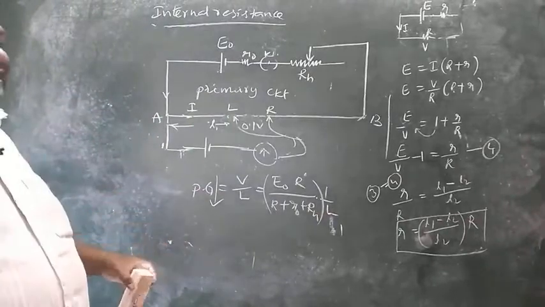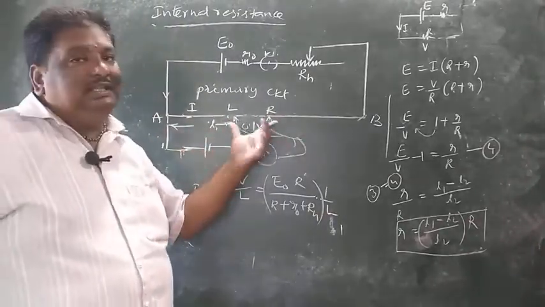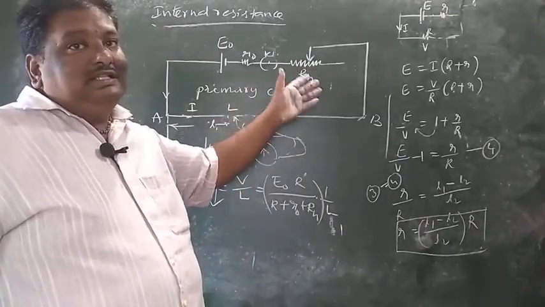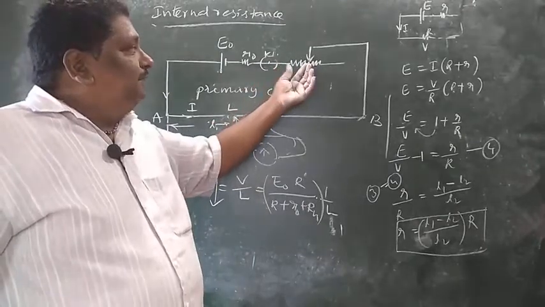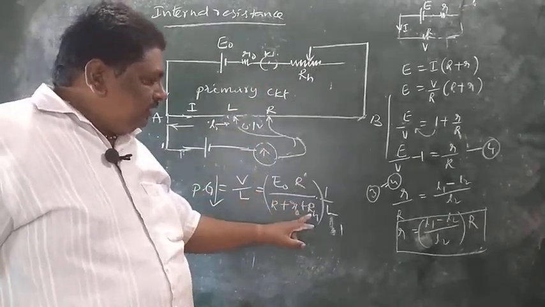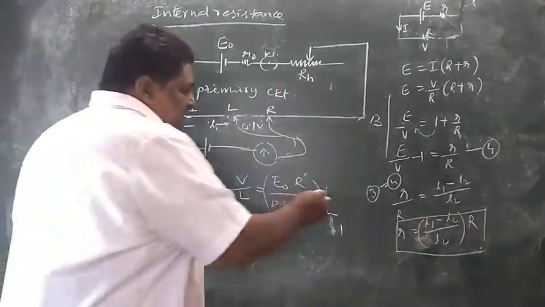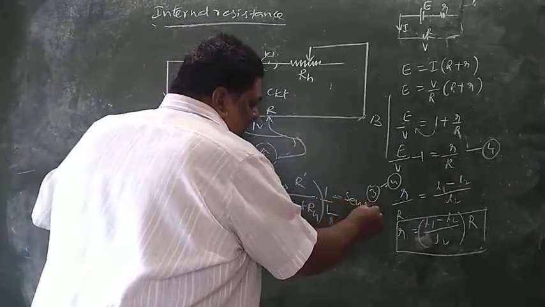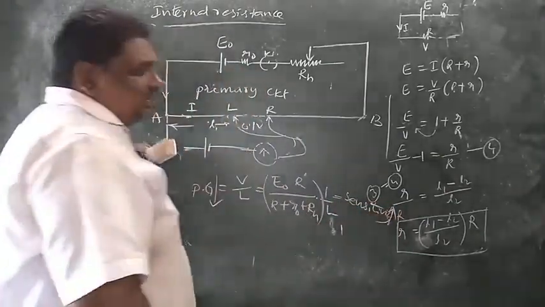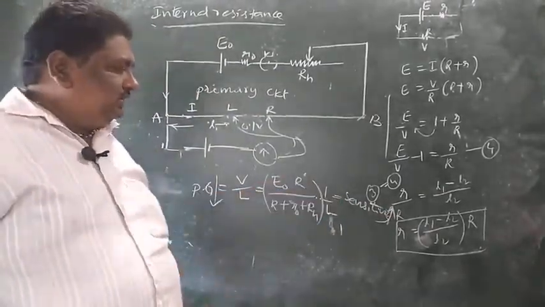That means sensitivity is more. A small voltage difference is also shown on the large length, easy to identify. That's why the series resistance must be increased. The more the resistance, the less the potential gradient. Less is the potential gradient, more is the sensitivity.